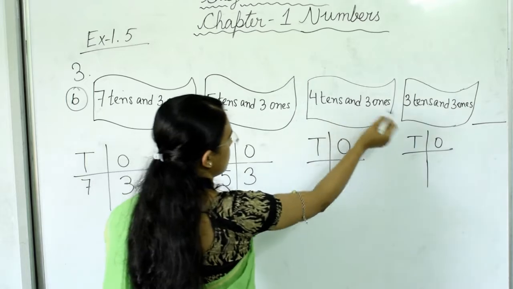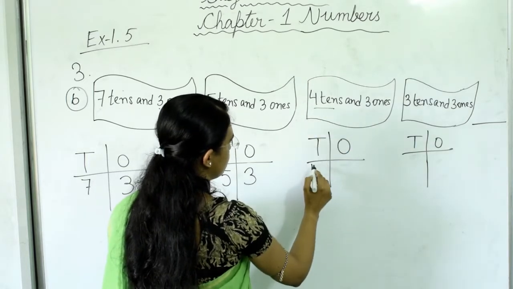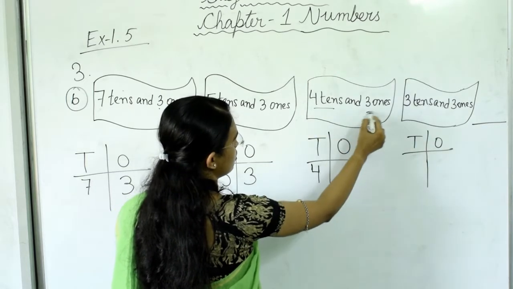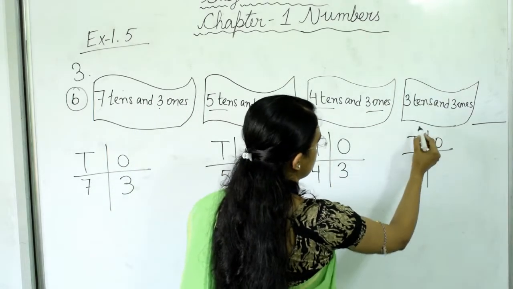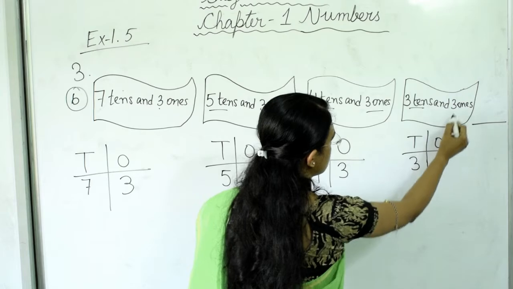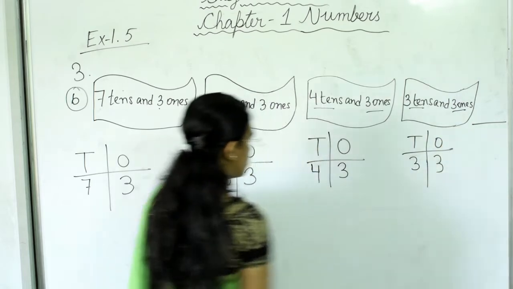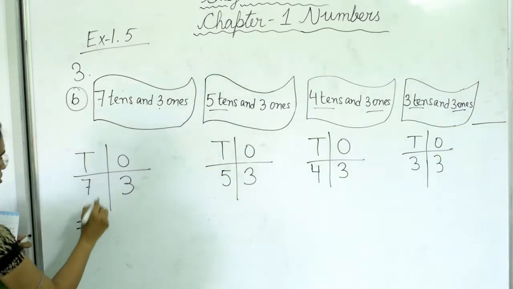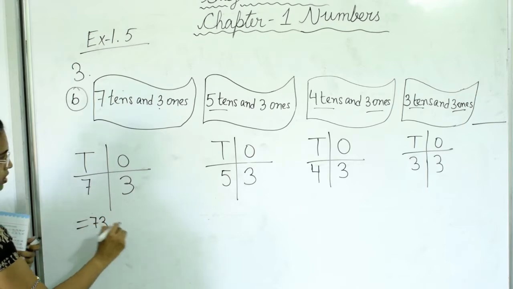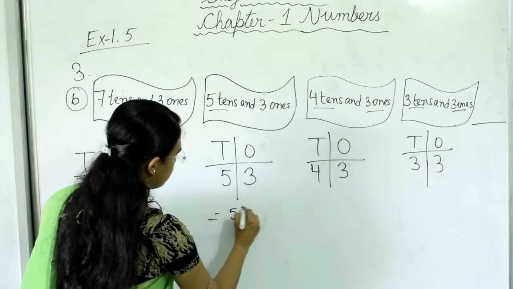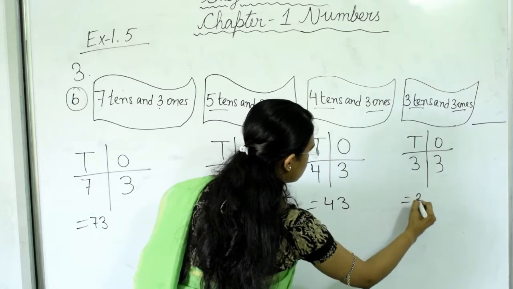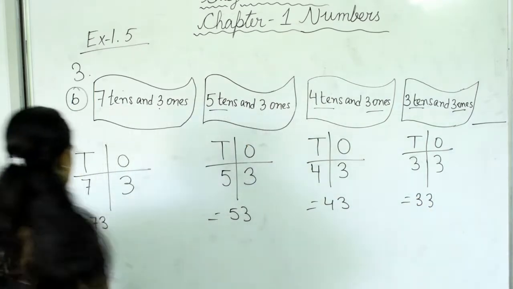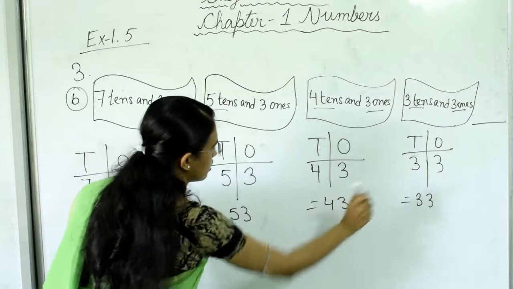Now 4 tens and 3 ones. 4 in tens place and 3 in ones place. Now the last one is 3 tens and 3 ones. 3 in tens place and 3 in ones place. Okay, so that is 73, 53, 43 and 33.